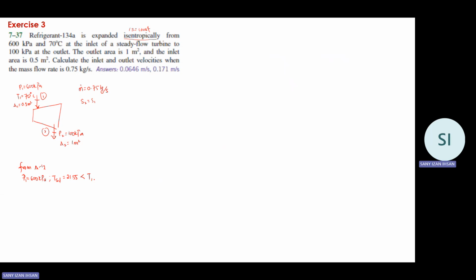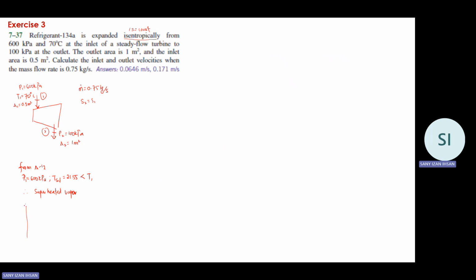Okay. So what can we conclude? For that particular pressure, the saturated temperature is less than the temperature of your state. So therefore, we can conclude that it is superheated vapor. If you are confused with this, then try to plot the PV diagram.